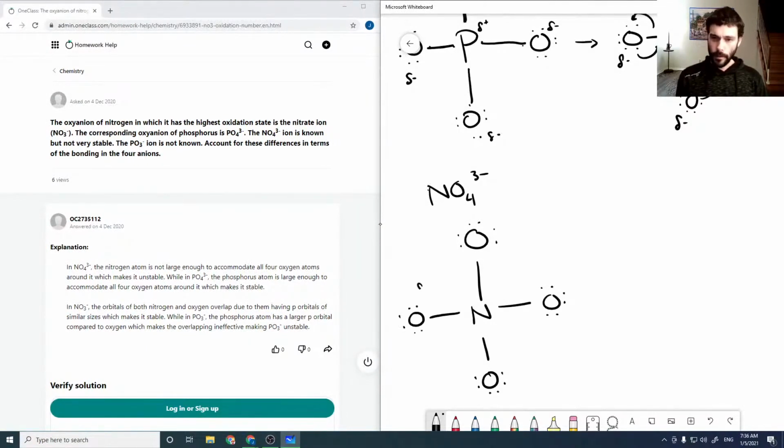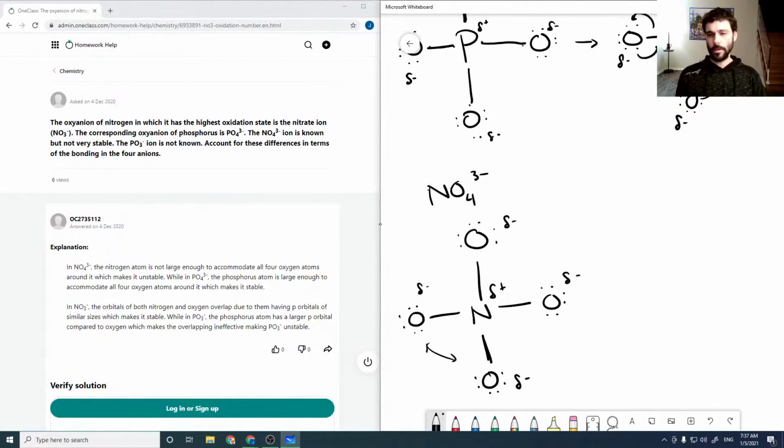And so then we're stuck with this structure, which is heavily charge delocalized. So whether we've got a positive charge on the nitrogen and negative charges on each of the oxygens, this structure is going to be not very stable and want to separate, especially with all this negative charge around the periphery.